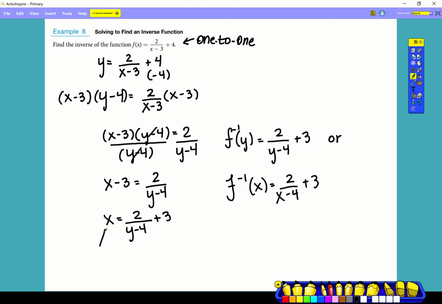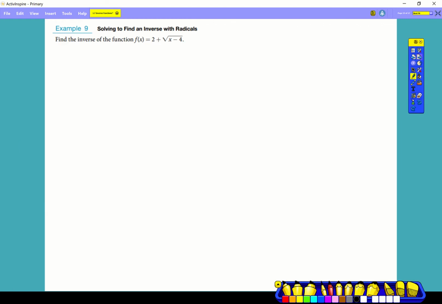You can make this a y, and you can make this an x at the very end. They're equivalent, the same thing, just a different variable. With the y inside, it may be easier for some people to understand that it's taking an output value and giving you an input value.